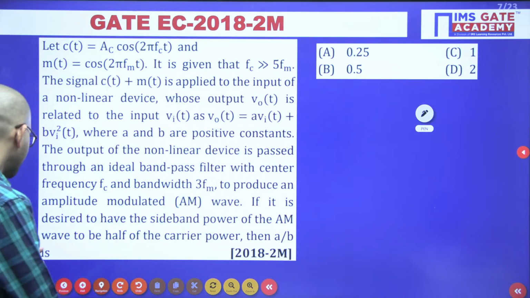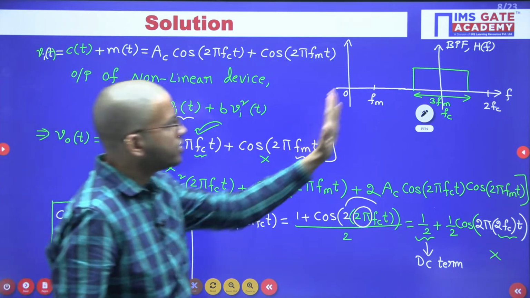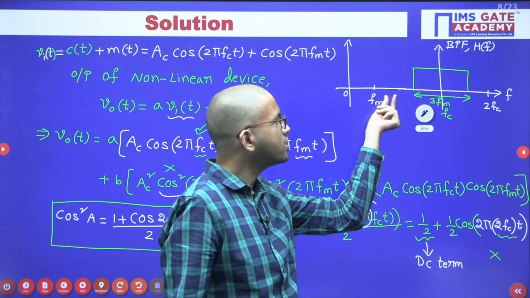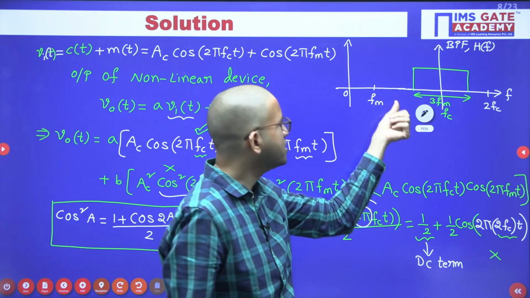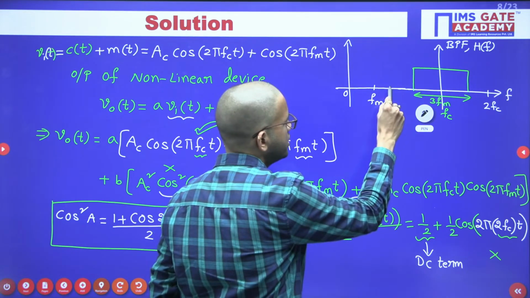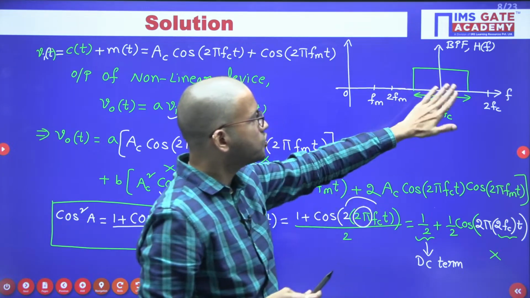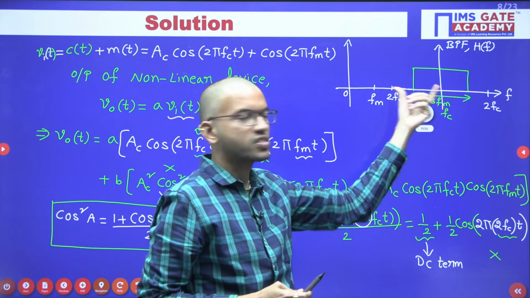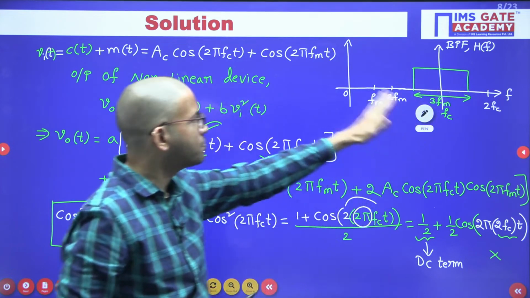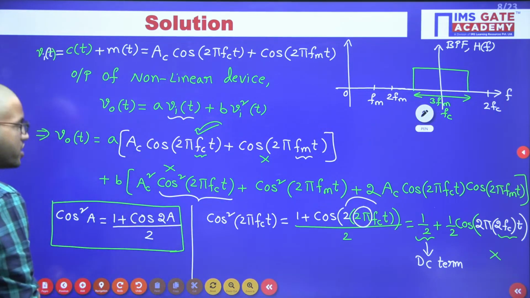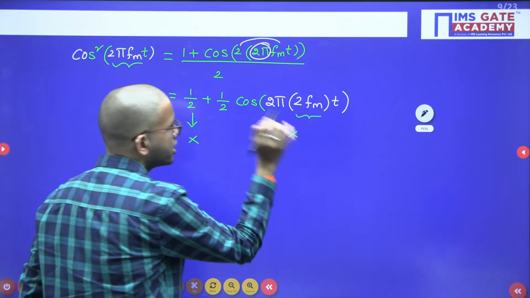But as of now we got one of the frequency terms as 2 fm. That means 2 fm will be somewhere here. So this particular frequency is also not part of the band of frequencies of the band pass filter, right? So that means it is not allowing. So this term is also not allowed.